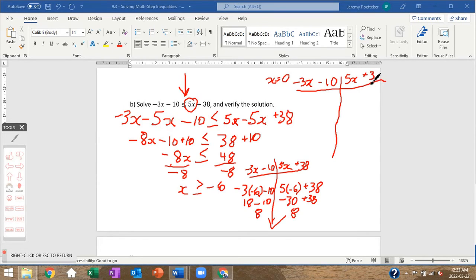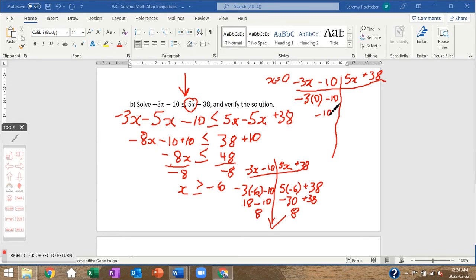Basically, if you don't have to do extra thinking, don't. If you have to, be willing to do it. But if you don't have to, just don't. So negative 3 times 0. 0 is greater than negative 6. Minus 10 is what we've got on this side. Guess what 0 minus 10 is? It is negative 10. It's amazing.